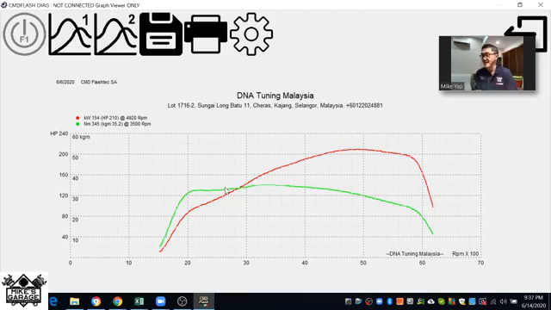I think those suggestions are correct, and you'll be looking at a minimum of 10 to 15,000 to really get the car back to almost factory specs.